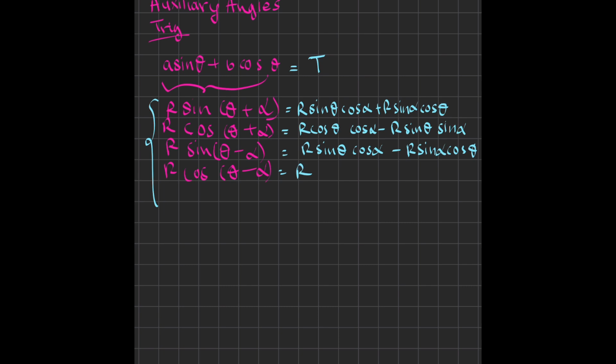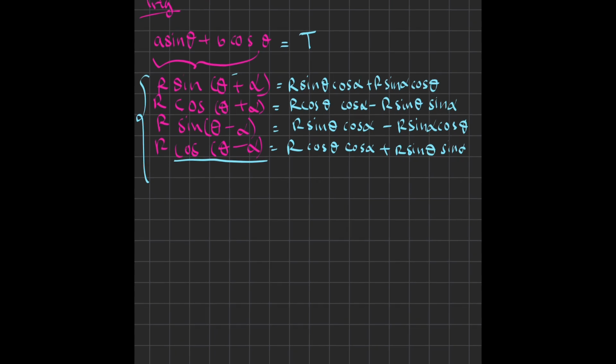And here we have r cos theta cos alpha plus r sine theta sine alpha. Just a reminder, when we have this plus, it turns into a plus, and when we have this minus, it turns into a minus. But for cos, it's the opposite. So if it's a plus, it turns into a minus. If it's a minus, it turns into a plus. So let me just get rid of all of that.